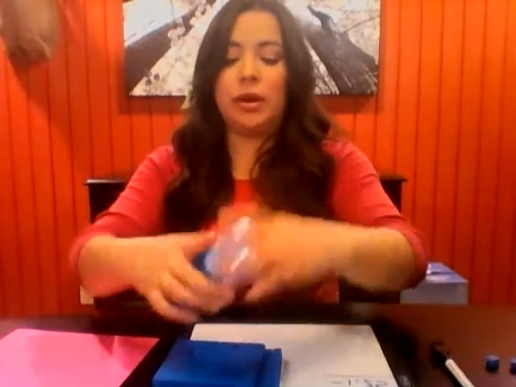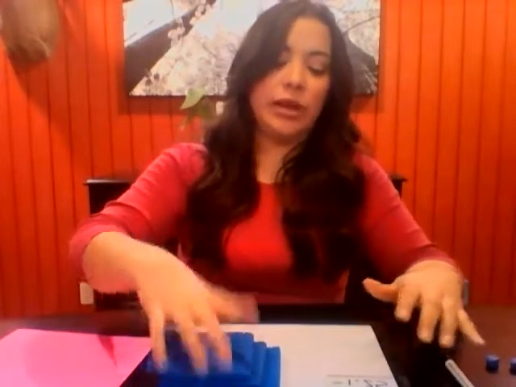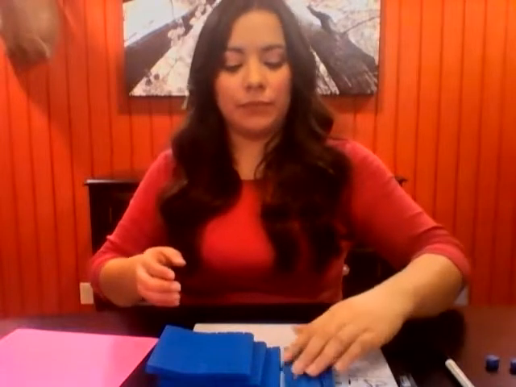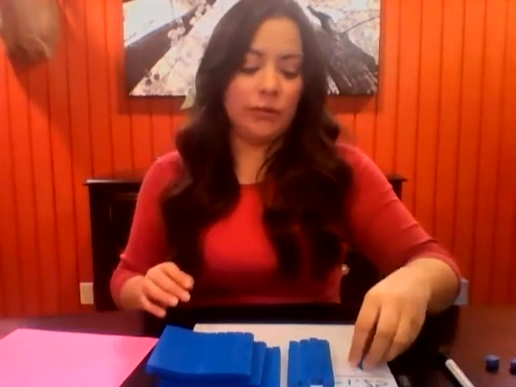And I'm grouping the tenths because 10 tenths makes a whole, because we're using decimals. So 3 wholes for 3 and 42 hundredths, and we need 4 tenths and 2 hundredths.